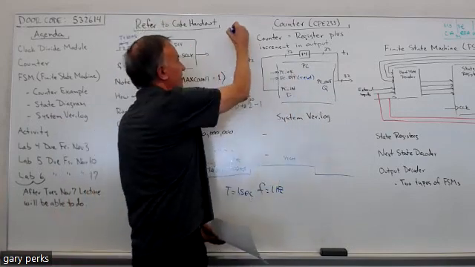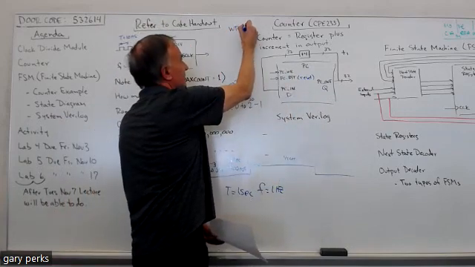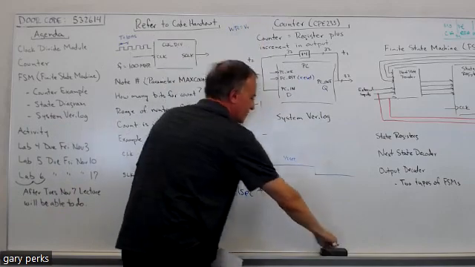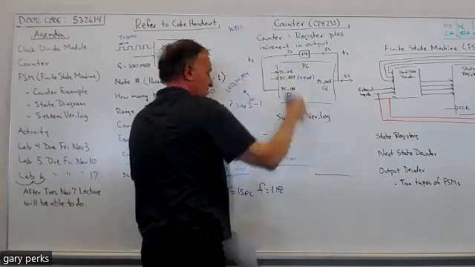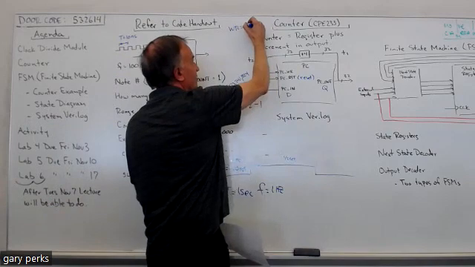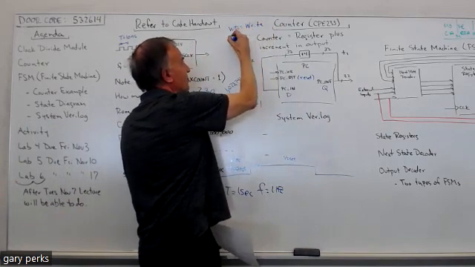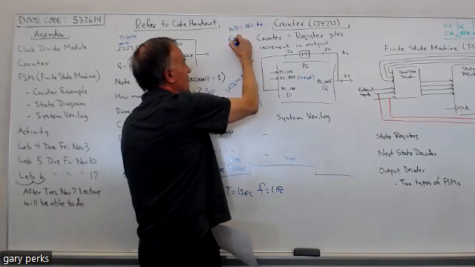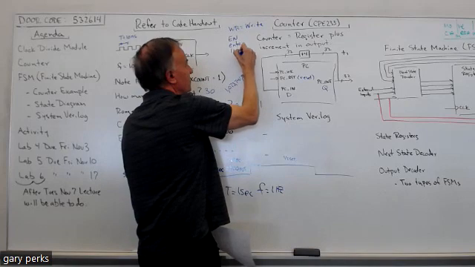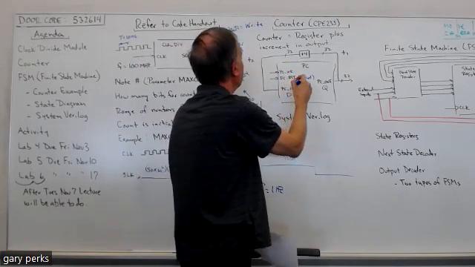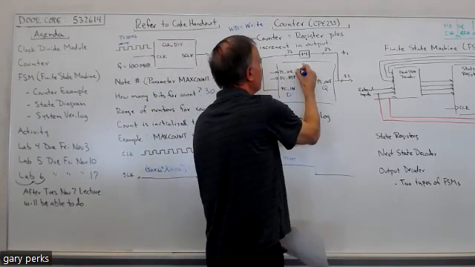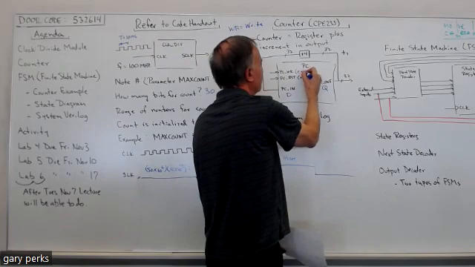And then WR stands for write. This write is the same as enable, or enter. You can think of this write as just being an enter.